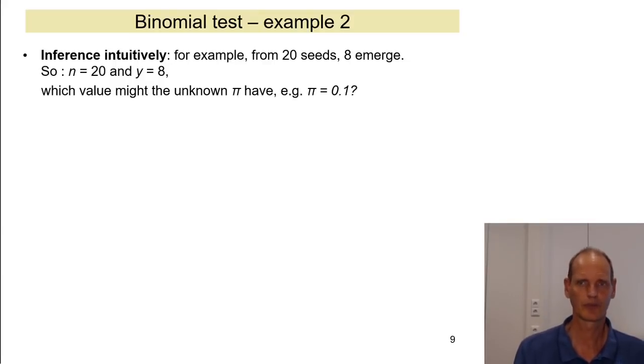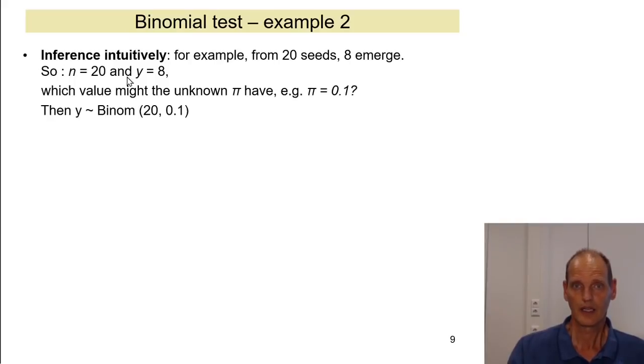Note, up till now we have been talking about the case that we would know pi, and what can we expect for y, and what can we expect for pi hat. But now we will go the other way around. Given n and y, what could pi be? This different route is called inference. The one we have done so far is deduction.